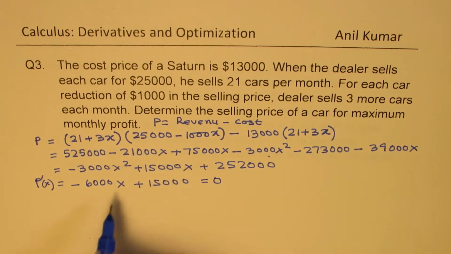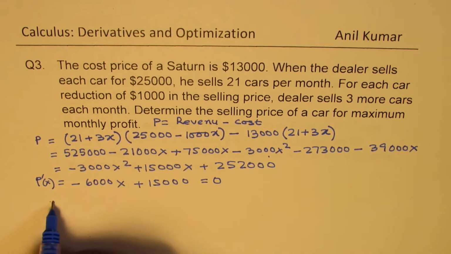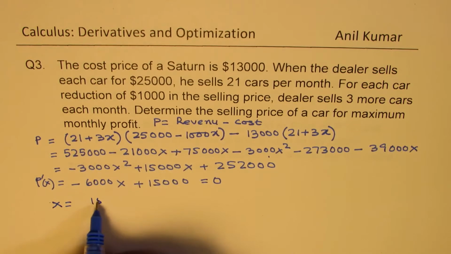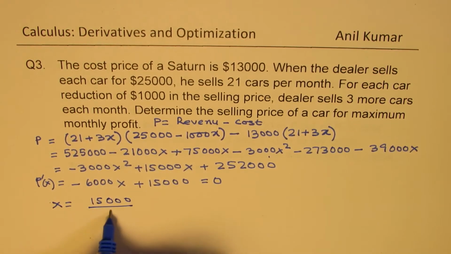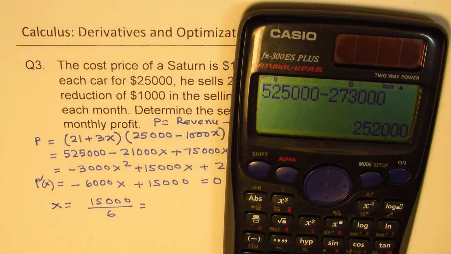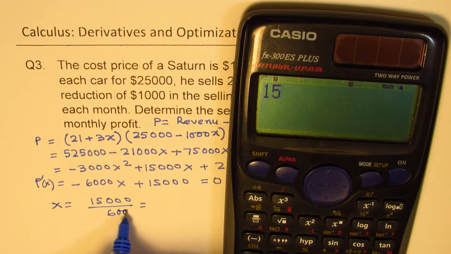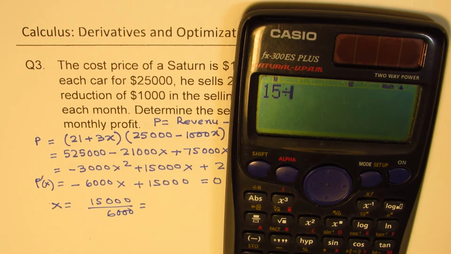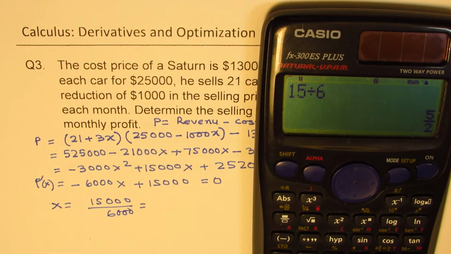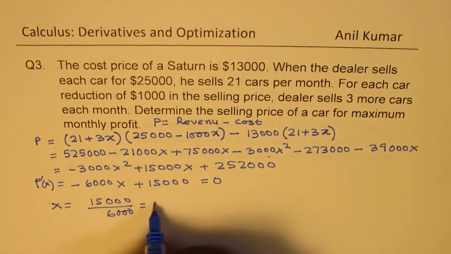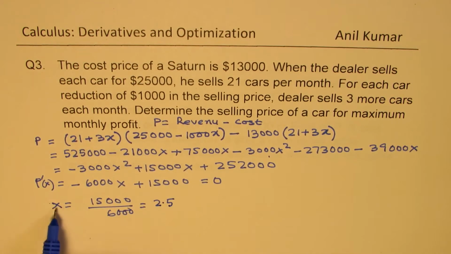So if we equate this to 0, we get the value of x as equal to 15,000 divided by 6,000, sorry. Okay, so 15 divided by 6, which gives you 2.5, right? In decimals, which is 2.5. So the x value is 2.5, for which we get a critical number.